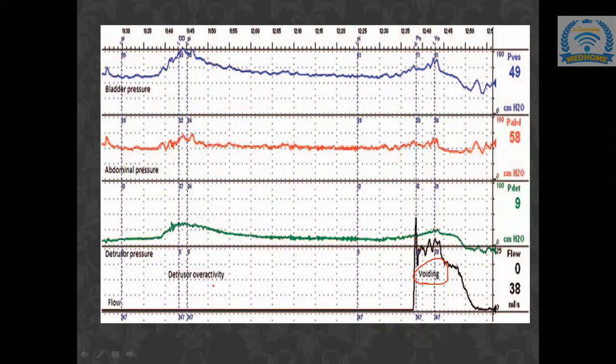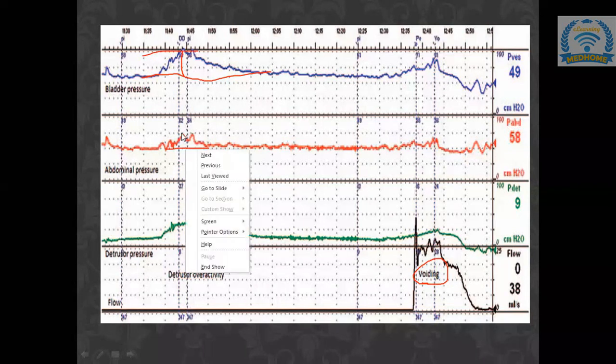Ma'am, bladder pressure is rising, detrusor pressure is rising, and abdominal pressure is also rising. No, if you look at the abdominal pressure, it is not rising that much, just a slight rise.